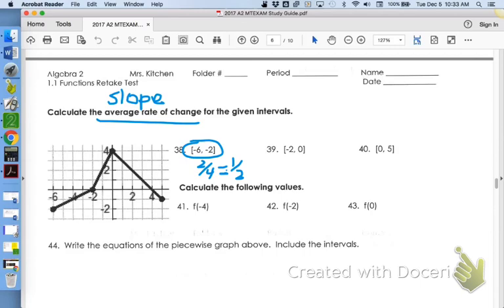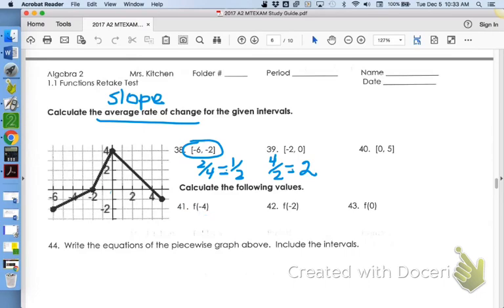From -2 to 0, that's this line right here, because this is giving us the x interval, so it's saying from here to here. And that's that blue line that I just did. So the slope of that line is rise 1, 2, 3, 4, run 2. Rise 4, run 2. So the slope of that line is 2.